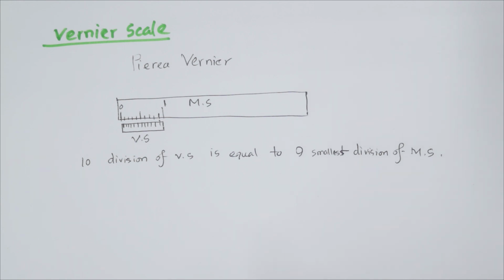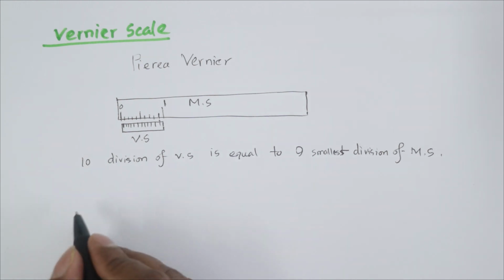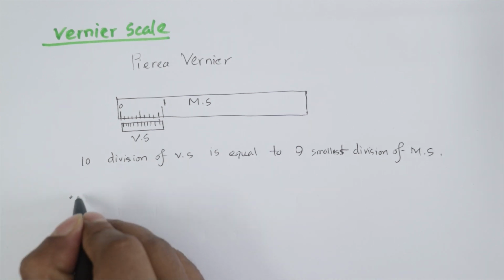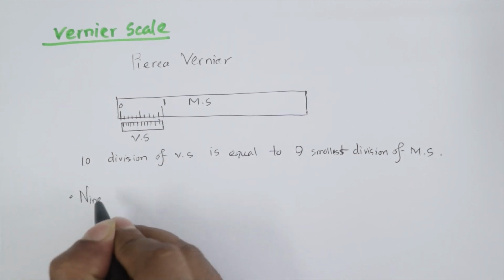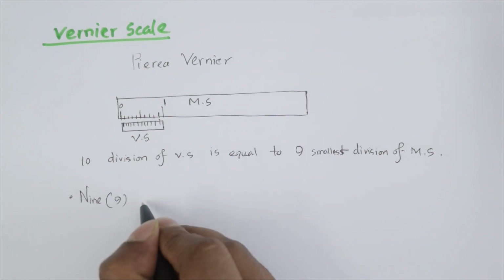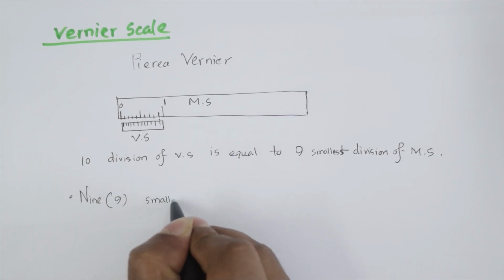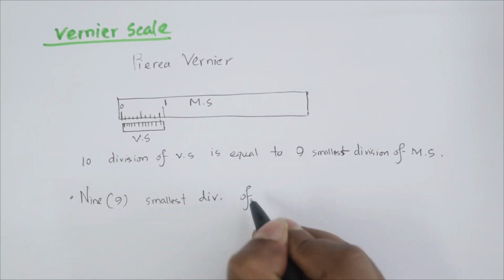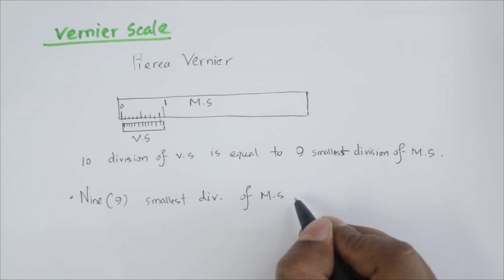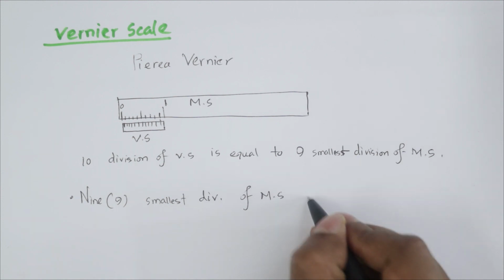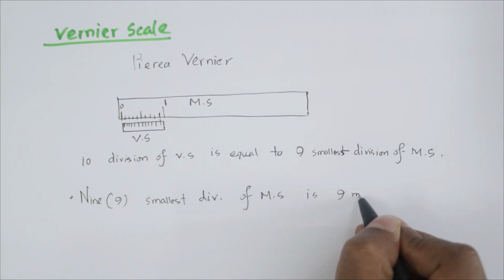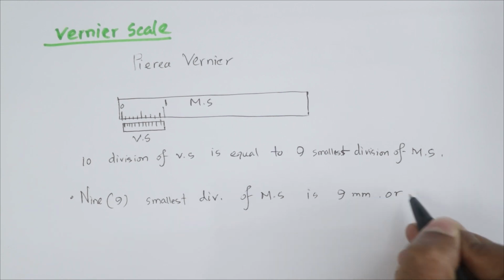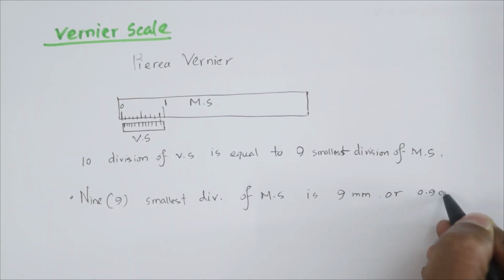As 10 vernier scale divisions are equal to the 9 smallest divisions of the main scale, so 9 smallest divisions of the main scale is 9 millimeter or 0.9 centimeter.